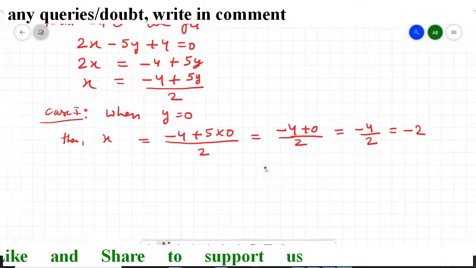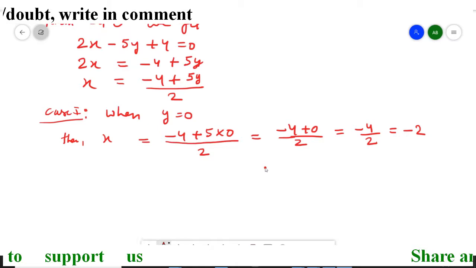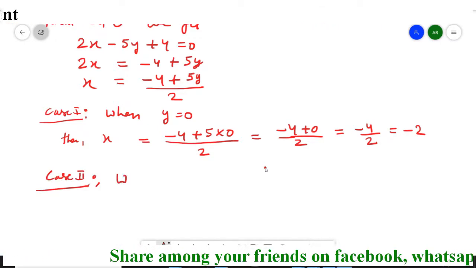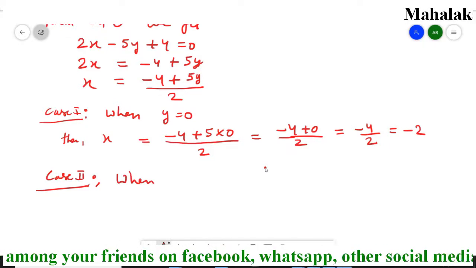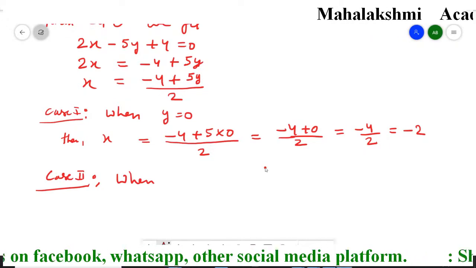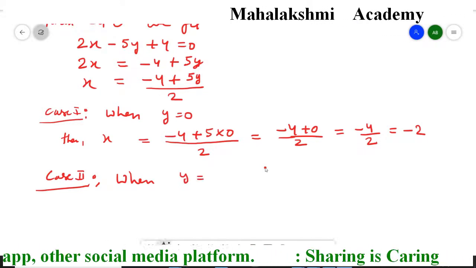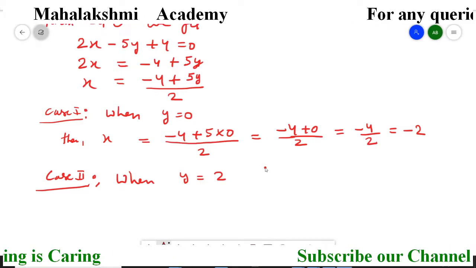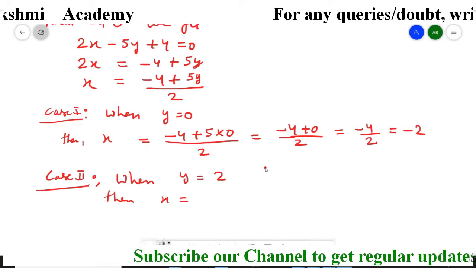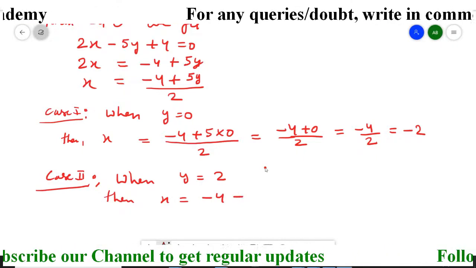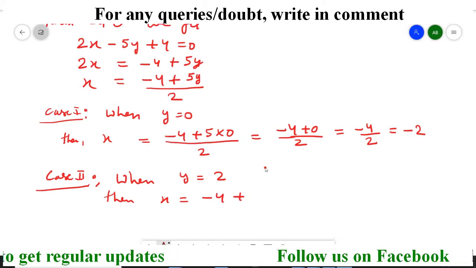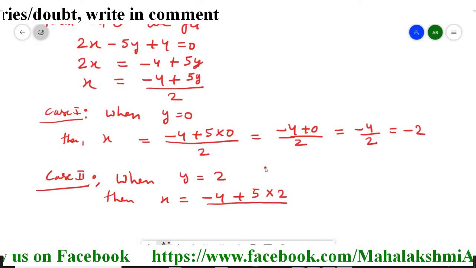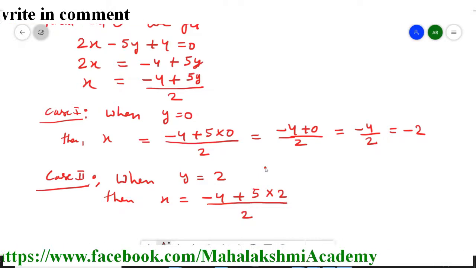In the same way we get case second. When y is equal to 2, then x is minus 4 plus 5 multiplied by 2, whole divided by 2.